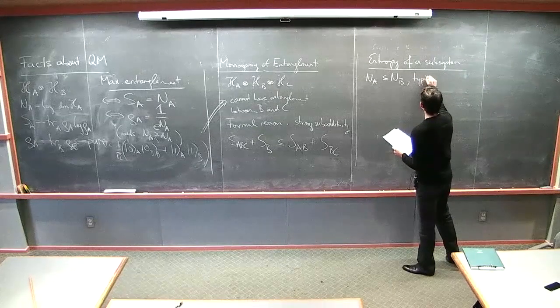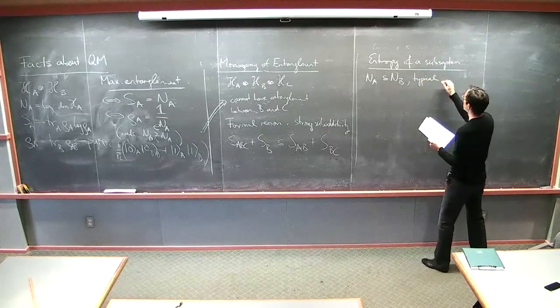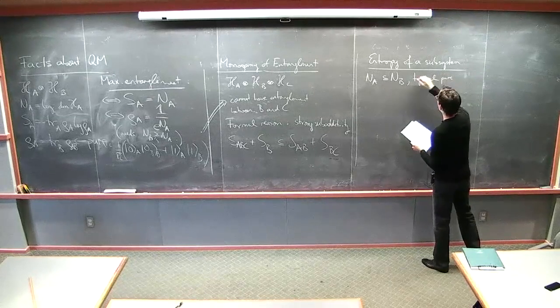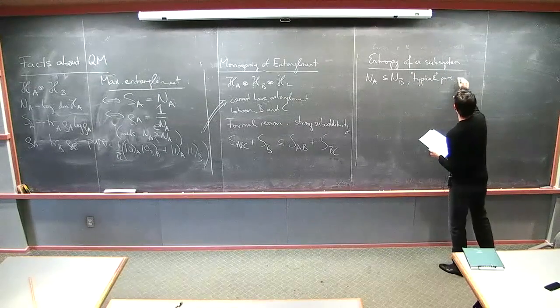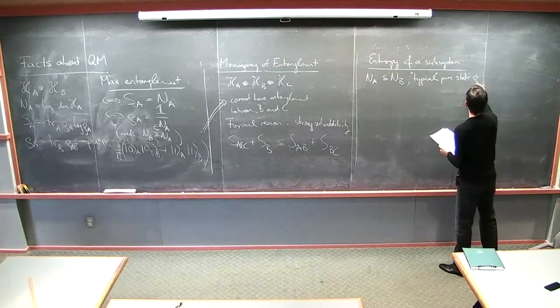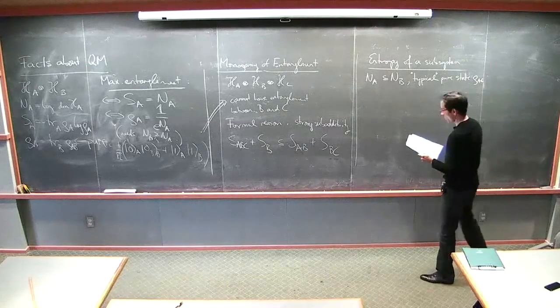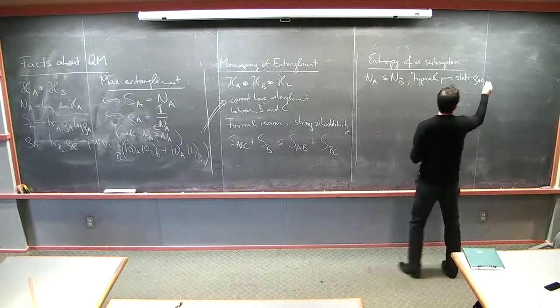So I want the full AB system to be in a typical, in the Haar average sense, pure state. So this rho AB is, again, a pure state.